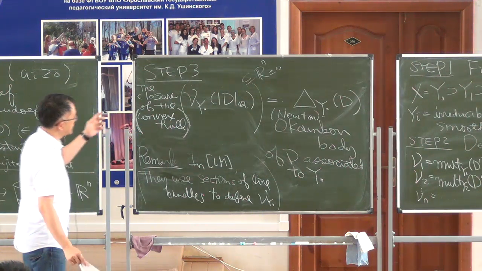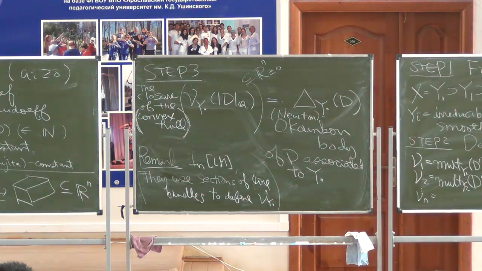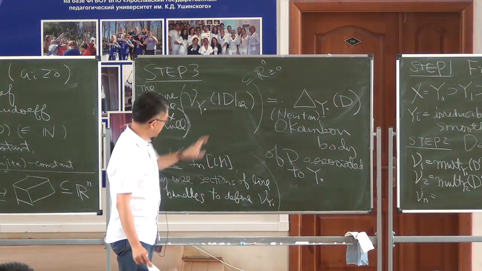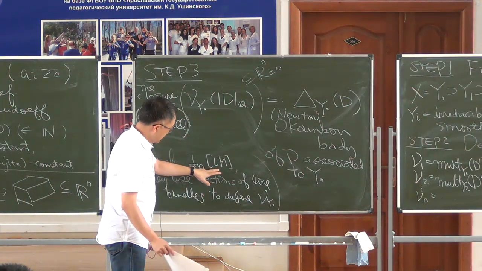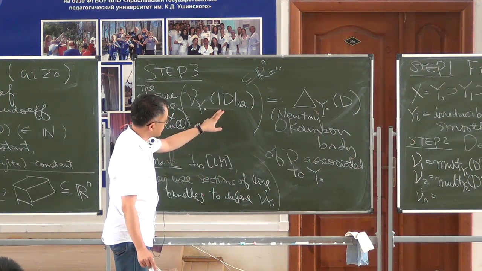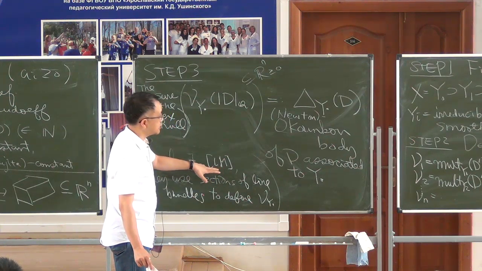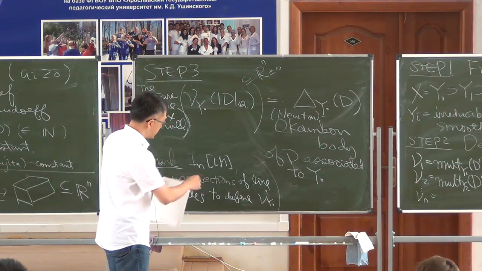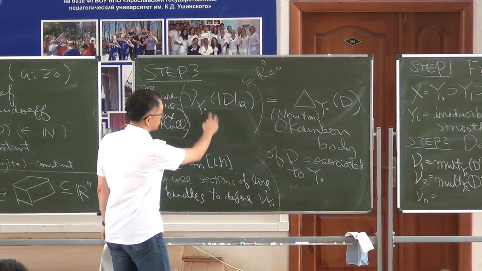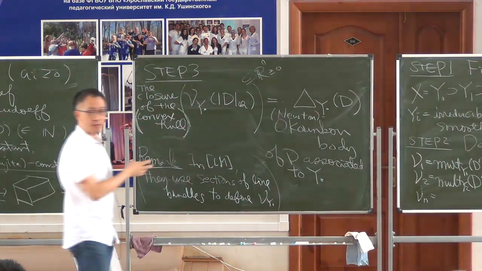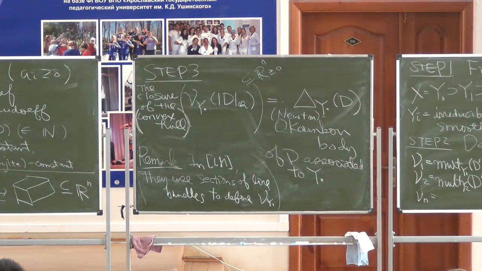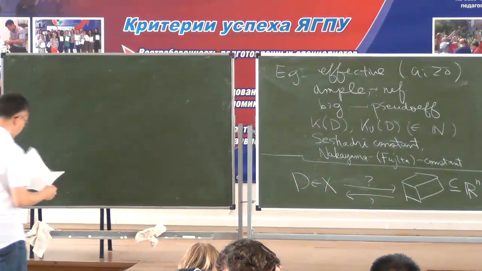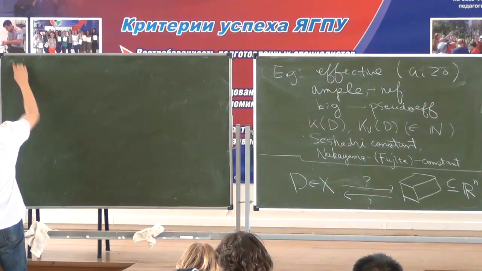Lazarsfeld and Mustață constructed this Okounkov body first for very ample line bundles, and then generalized the construction to big divisors. And then recently I took it to the limit, and extended the construction to pseudo-effective divisors. I will explain all of this later. Some basic properties.